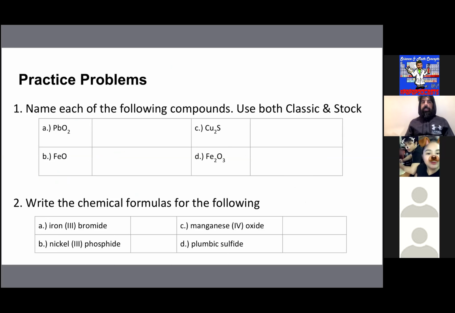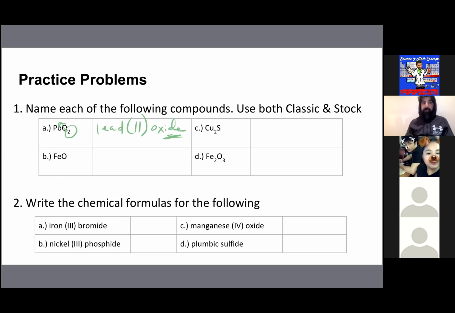So let's look at these sample problems. And this very first one here, 1A, is the one that gives students problems, because when they look at this formula, this is what they see. They see this 2 and they go, oh, it's got to be a lead 2 oxide. Remember the non-metal, the IDE ending.